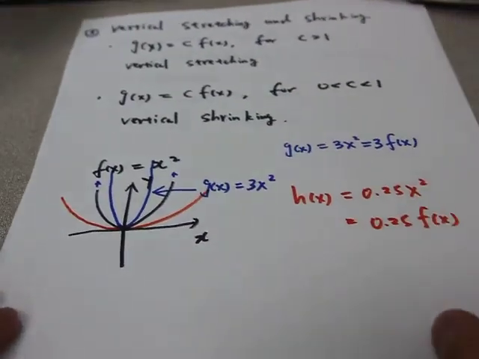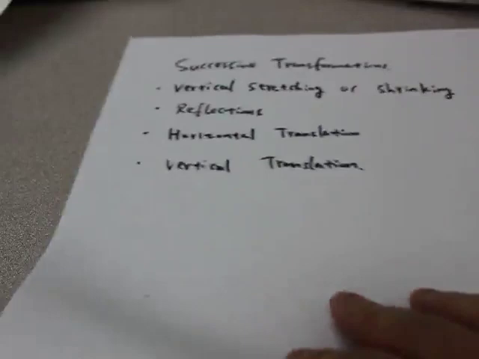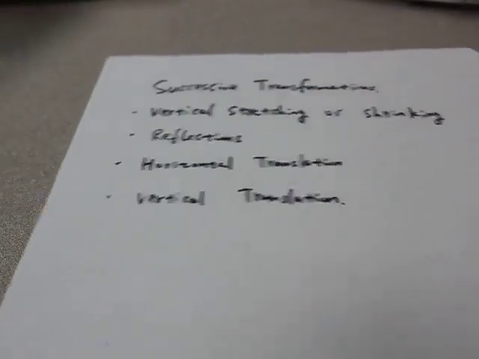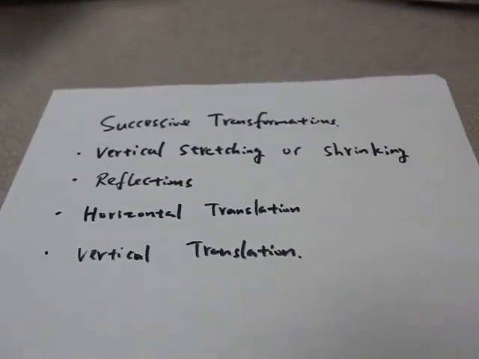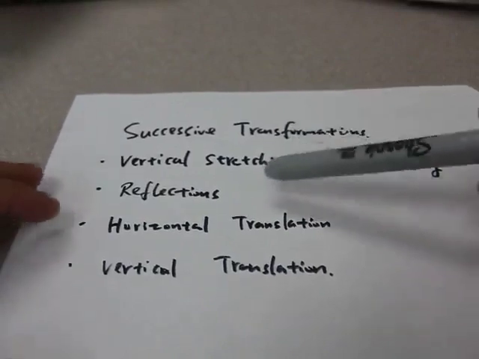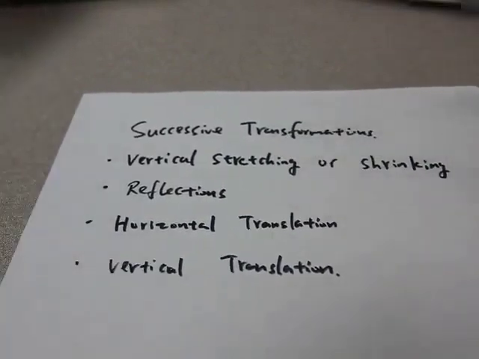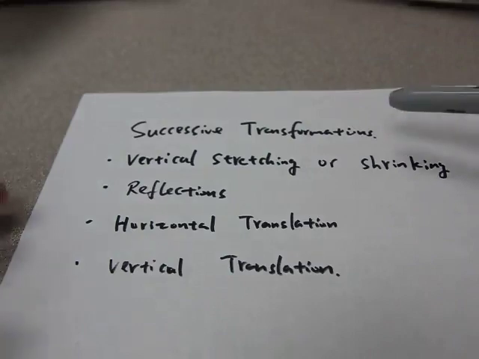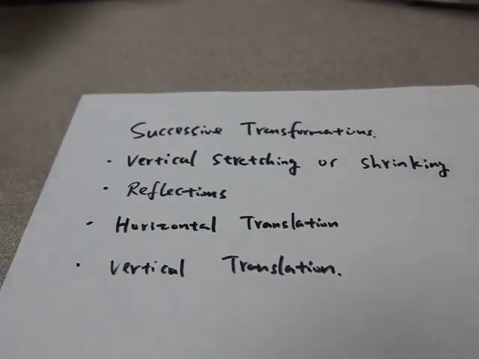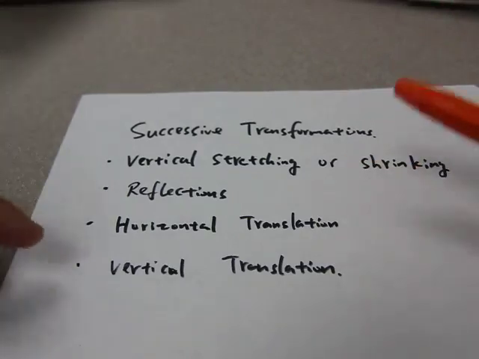Okay. Now, in most cases, a function will involve more than one transformation, and if we have more than one transformation, sometimes if you do the transformations in the wrong order, you will generate a wrong graph.